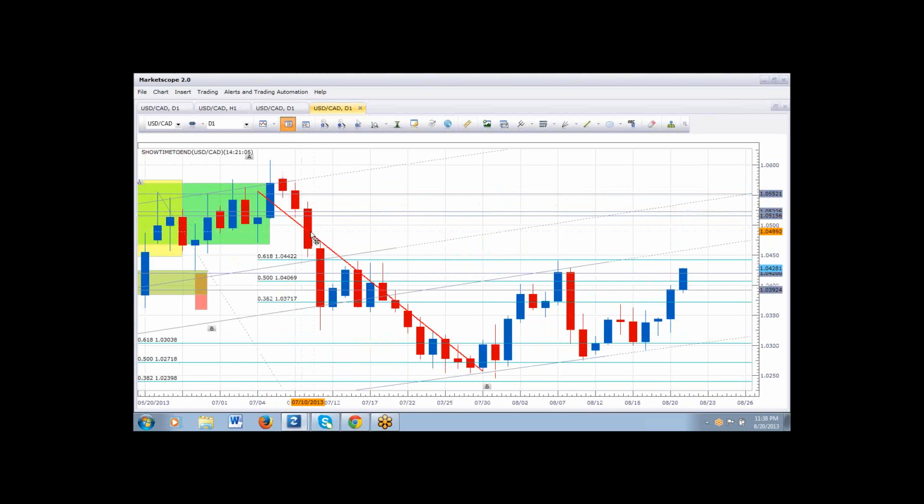I had pound dollar short, but it was a day trade, so it's already out, already profited. And I had the pound yen, but it got stopped out, so I'm out of that one. That was also a day trade too. That's maybe one I could talk about.